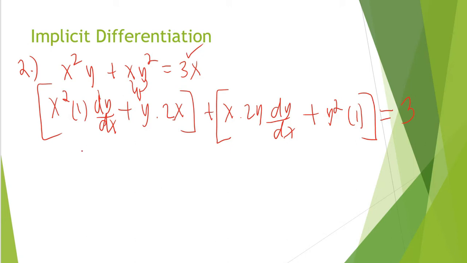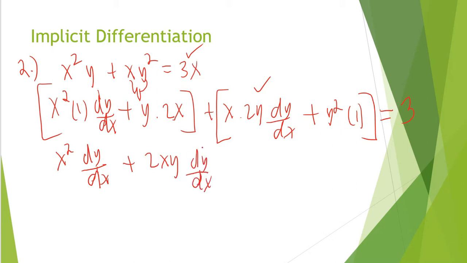Next step is we isolate the terms without dy over dx to the other side so they are separated. So we have here x squared times 1 is just x squared dy over dx. And then the one with it, this, no? We arrange it as plus 2xy dy over dx.